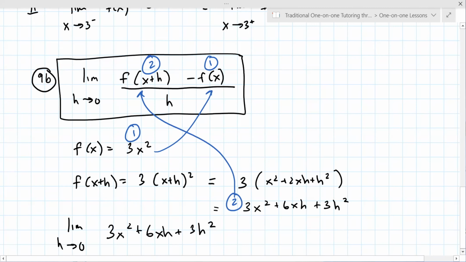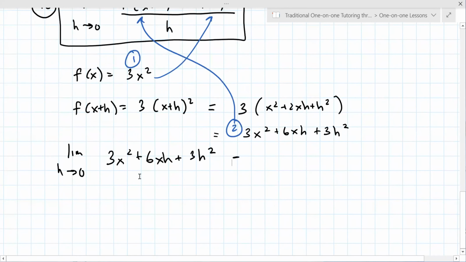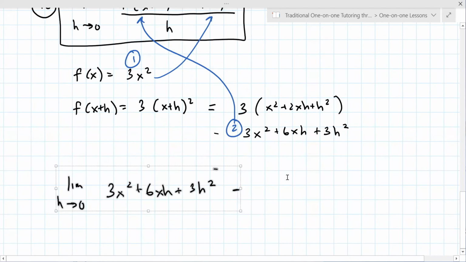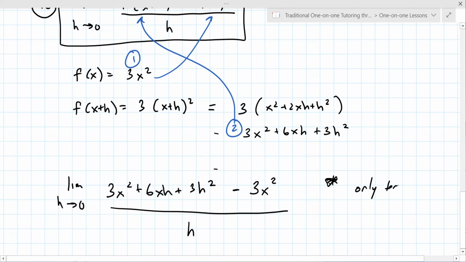So you do that minus 3x squared, all over h. This is that line where we said, if you do it right, you'll have only terms with h, because the 3x squared cancel.